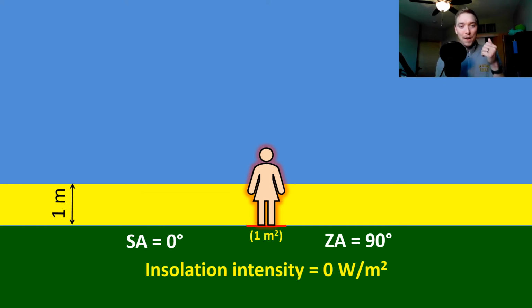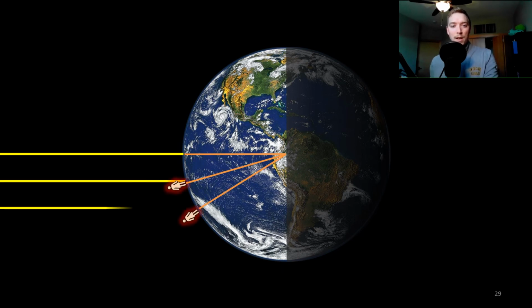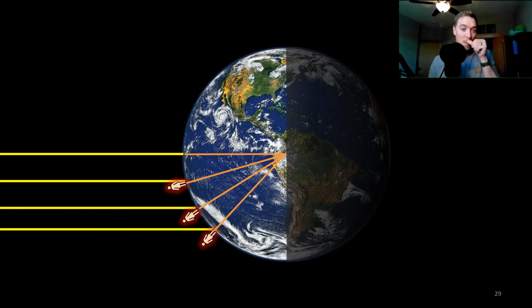So here at our poles, we're not getting much energy, right? We're not warming the surface as much as you would in those higher sun angles, your 90s to 45s or so. And here we can see how that changes depending on where you are on the planet.